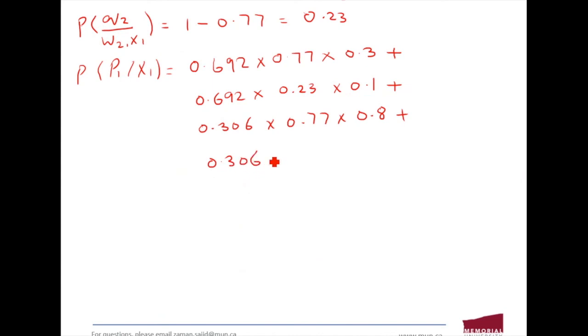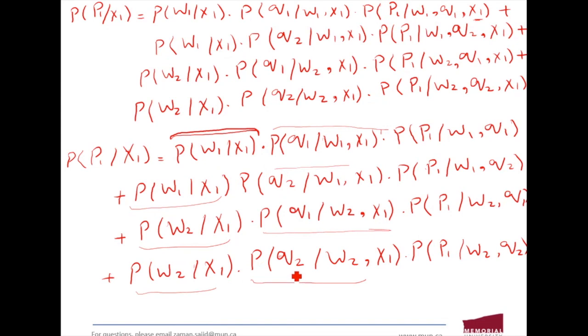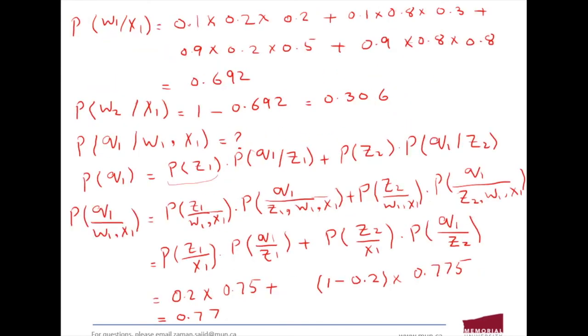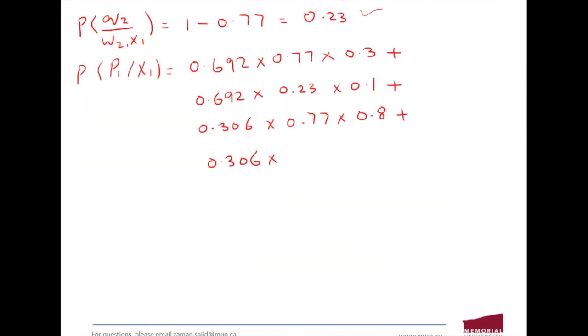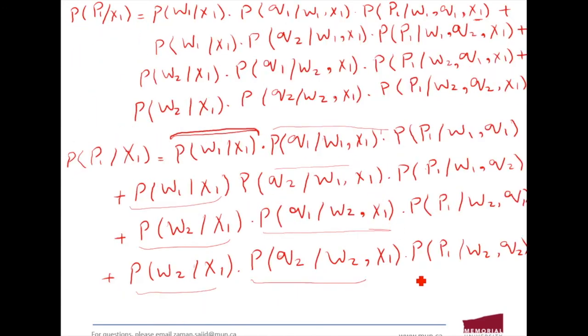Now let's go to the main equation and see what we need here. And we need Q2 given that W2 and X1. So this is 0.3 multiplied by, the last term here is asking us for this term P1 given that W2 and Q2. For this one we go back to our question.